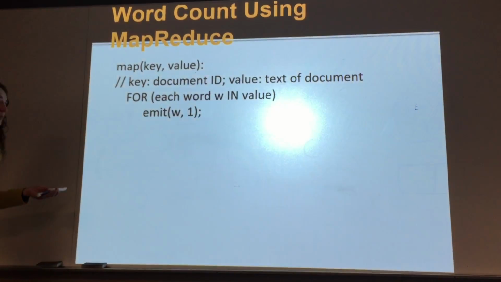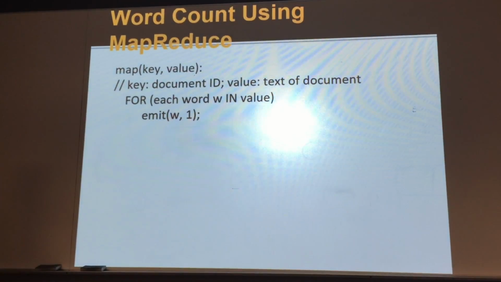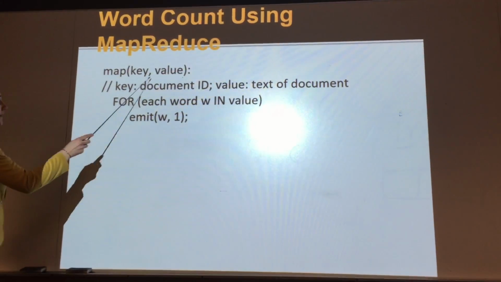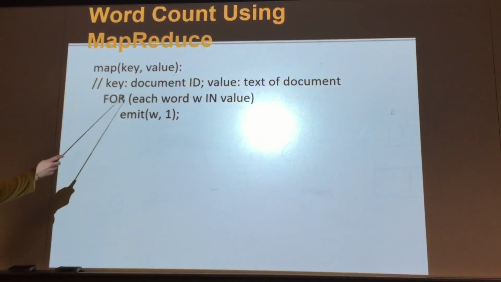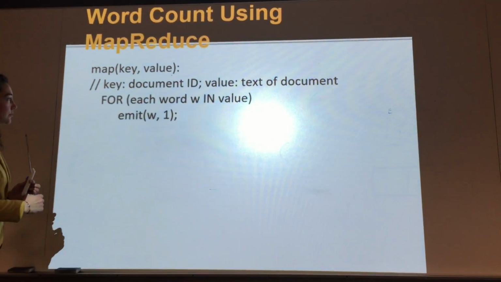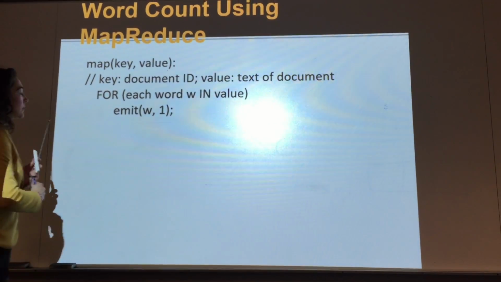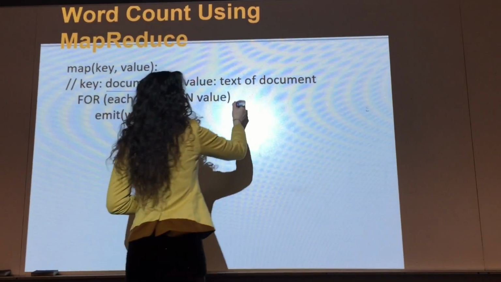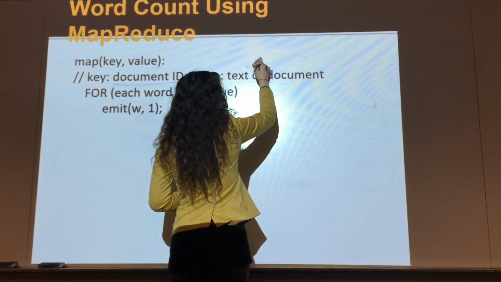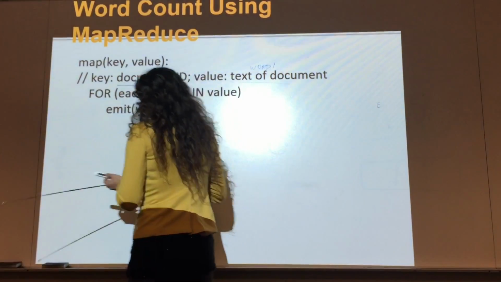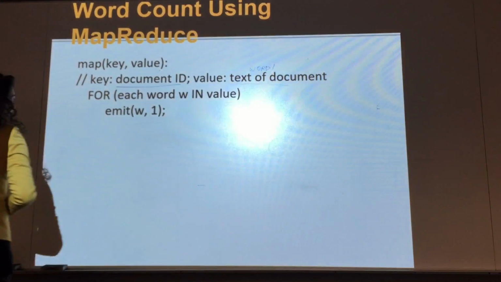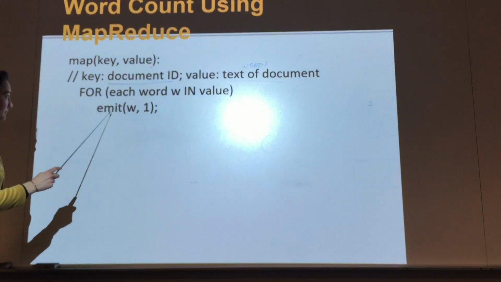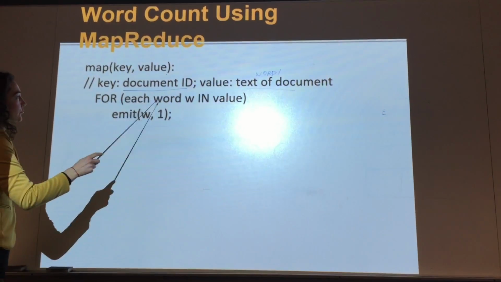This is a simple program to show how this was done. So the map function takes the key value pair. In this case, the key is the document ID, because we can have, let's say, multiple documents. And the value is the text, and this is for each word.